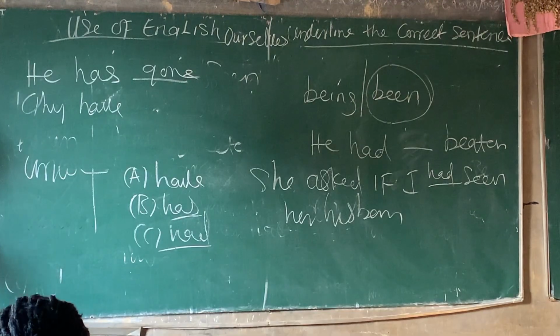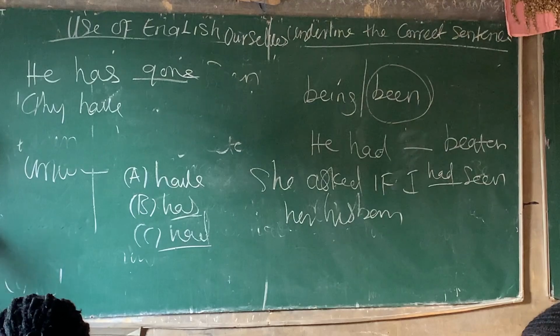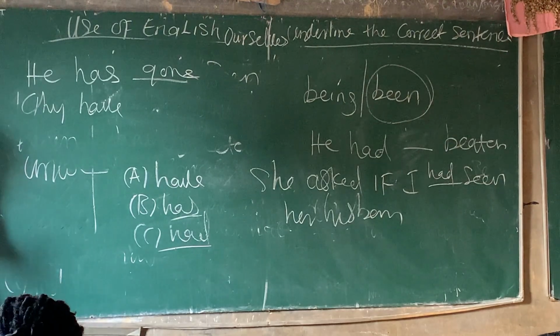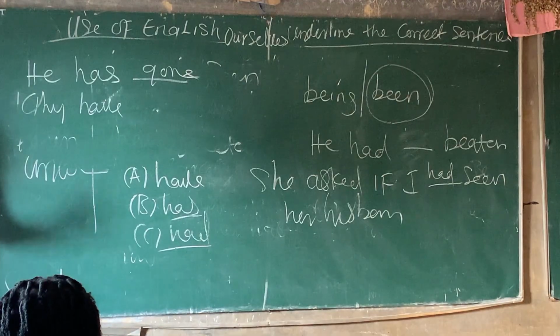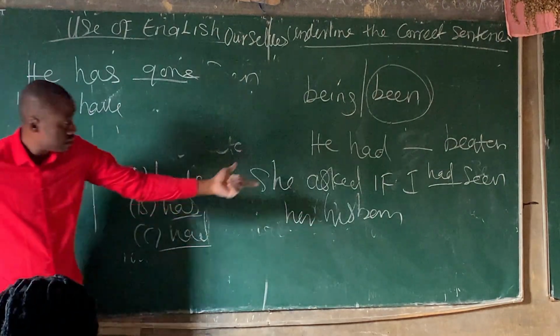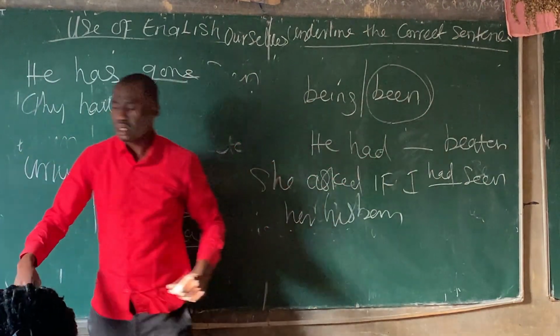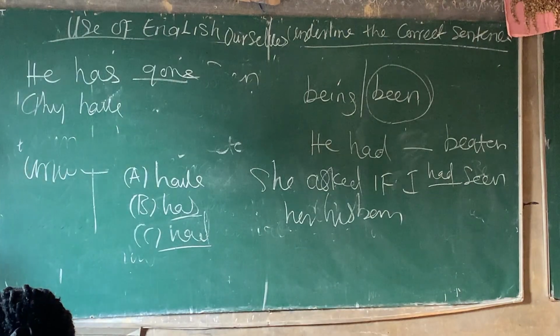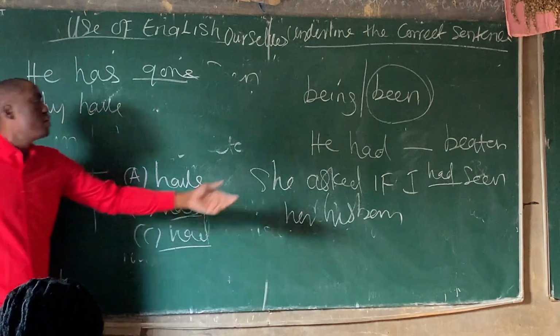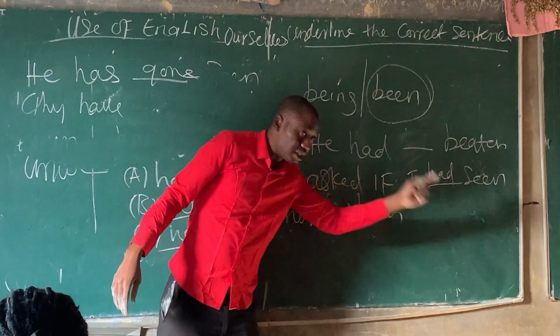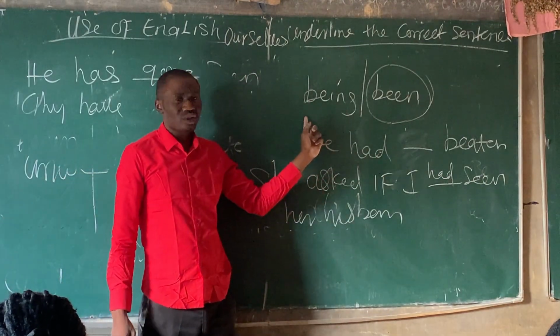C, have long been decayed. D, had long decayed. Very tricky JAMB question.